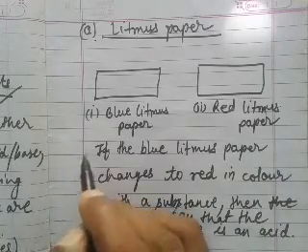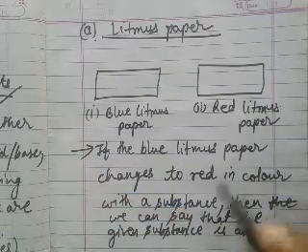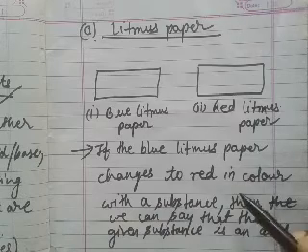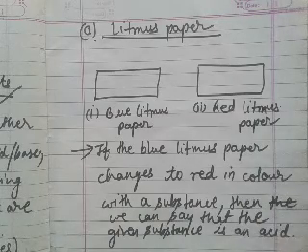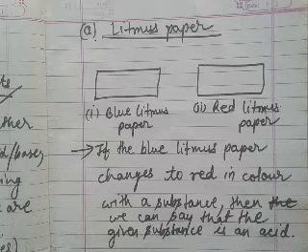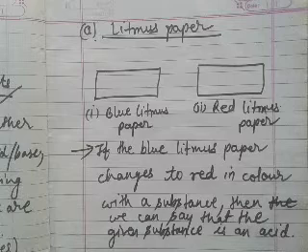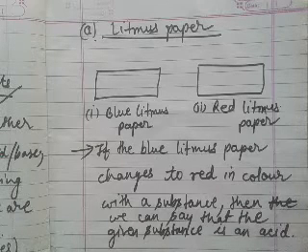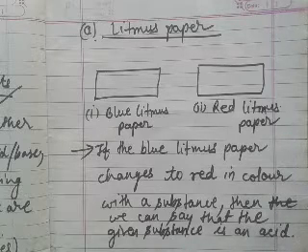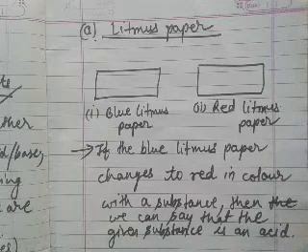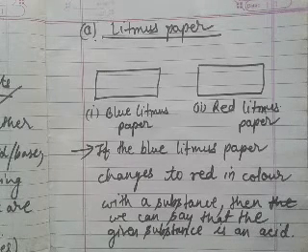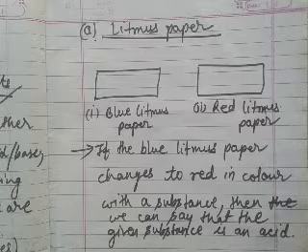It means if the blue litmus paper changes into red color with a substance, then we conclude that the given substance is an acid. If you put a blue litmus paper into a substance and it changes its color into red, then the given solution or substance is acidic in nature.